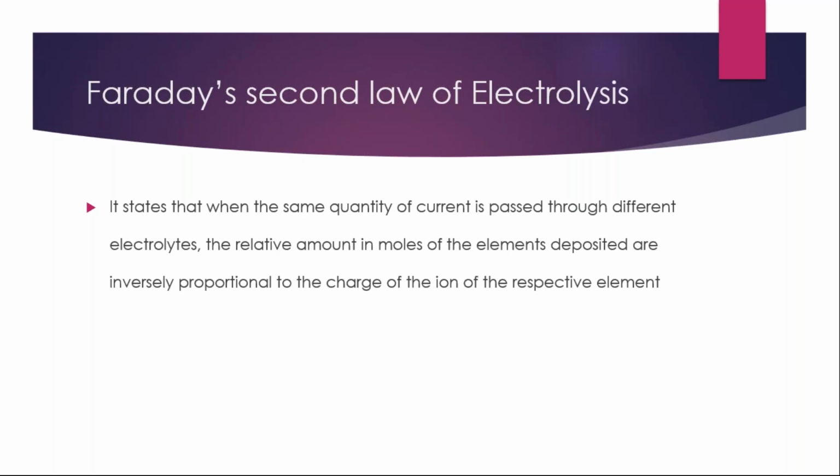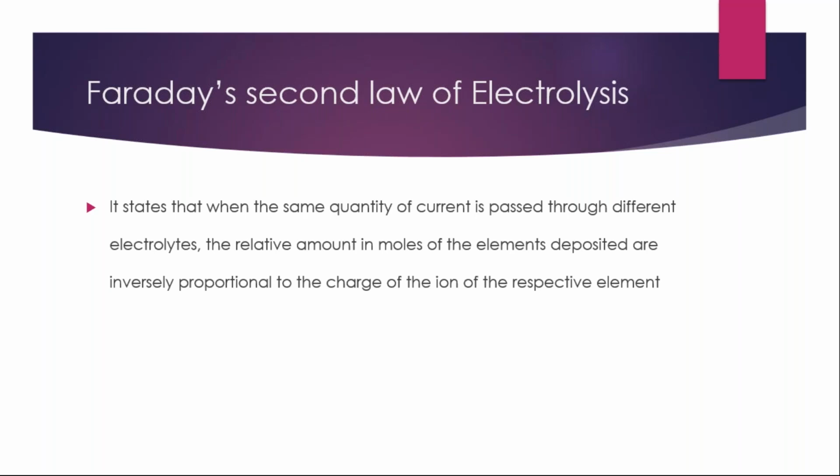Every substance has its own atomic weight, including copper. So for the same number of atoms, different substances will have different masses. Again, how many atoms are deposited on the electrode also depends upon the valency.